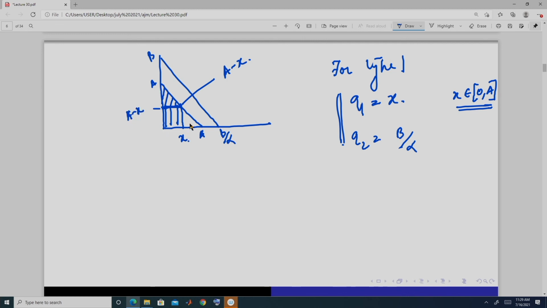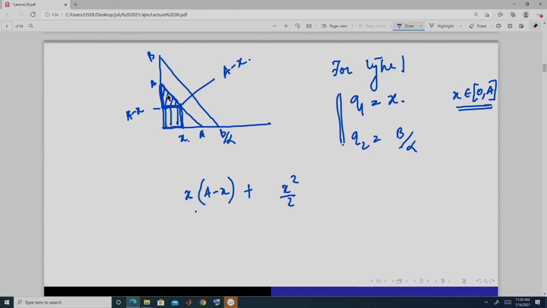So, this region is this rectangle plus this triangle. So, this area is x A, plus this distance is A minus this. So, it is x, this distance is x. So, x square, this is the area of this triangle.